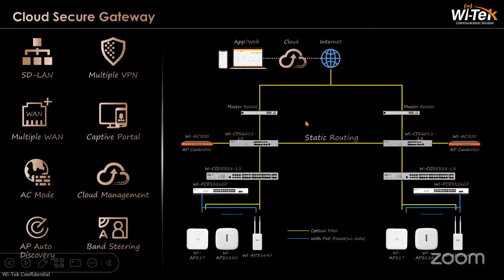Then you will have a master router, then you go into the Wi-Tek AP controller. Later we have the core aggregation PoE switch, then the access PoE switch to power the access points, indoor or outdoor.